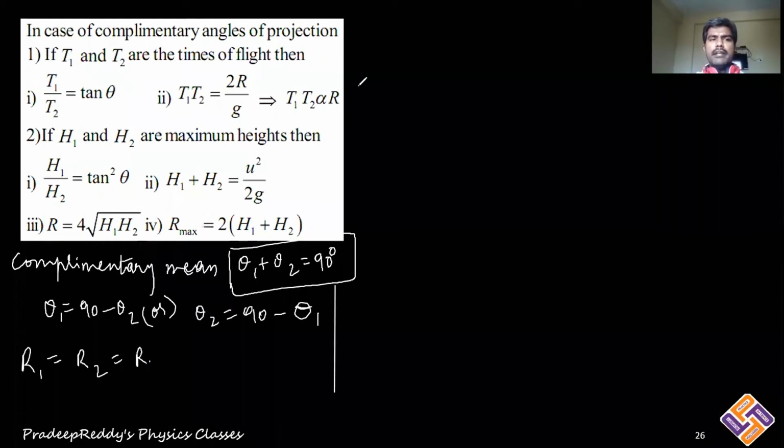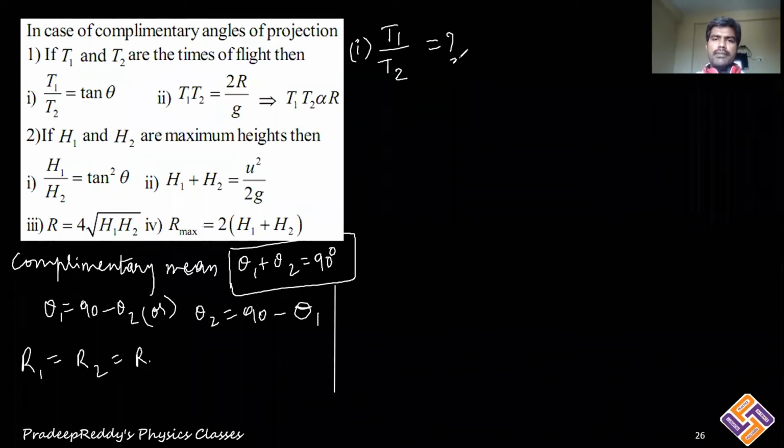So let me take the first one. If T1 and T2 are time of flight, then find out the ratio of T1 and T2. First I should solve this one. T1 divided by T2 is equal to how much? What is T1? T1 is the time of flight for the first body. T2 is the time of flight for the second body.